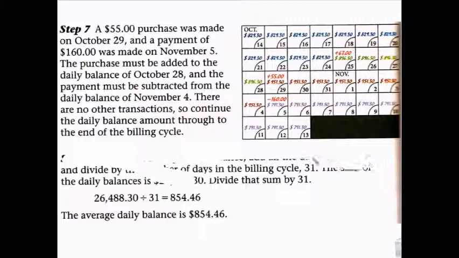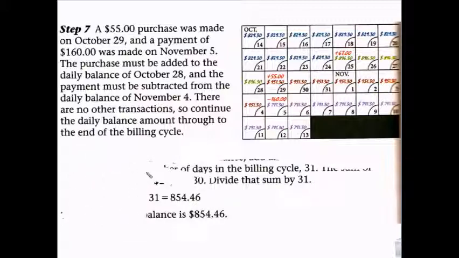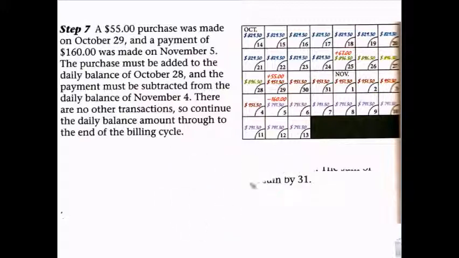You guys have all that step written down, so I'll just do the work. Okay, so what do we do once we have that filled out? Now we can calculate the average daily balance. I have 11 days at $829.30.